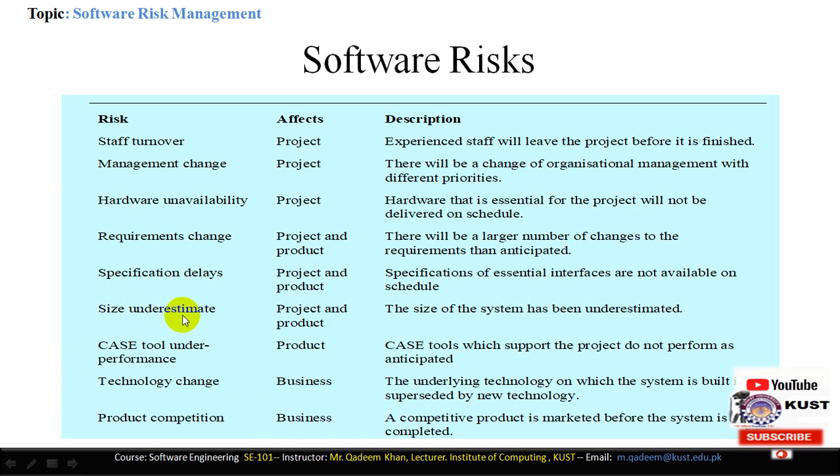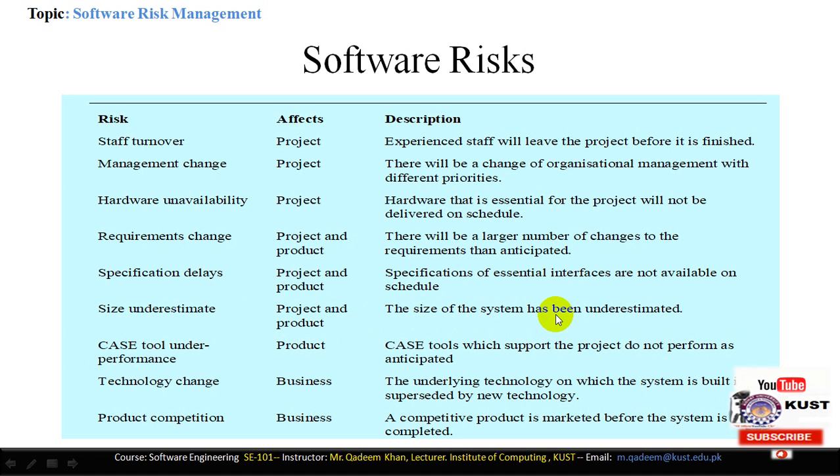Next one is size underestimate. Here, size means the size of the product. The size of the product can be measured in many ways, for example, function point metric. In simple terms, there are also lines of code, which represent the size of the product. This is a project and product risk. The size of the system has been underestimated.